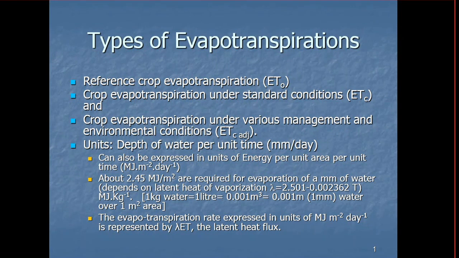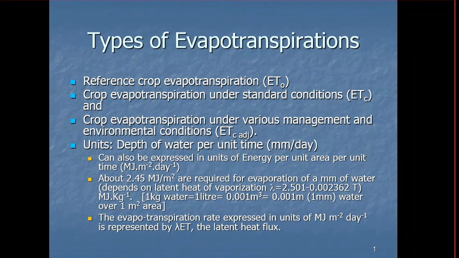Which means that 1 kg of water, meaning 1 liter of water, which is 0.001 cubic meter, is 1 millimeter of water over 1 square meter of area. So the energy required to convert 1 millimeter of water into vapor per square meter of area is this latent heat of vaporization, or the amount of energy required to evaporate water.